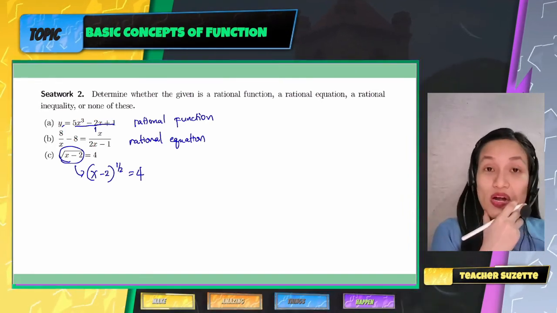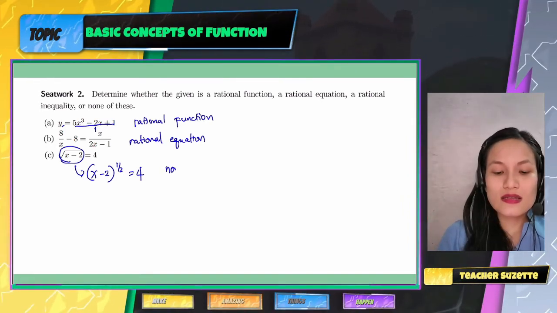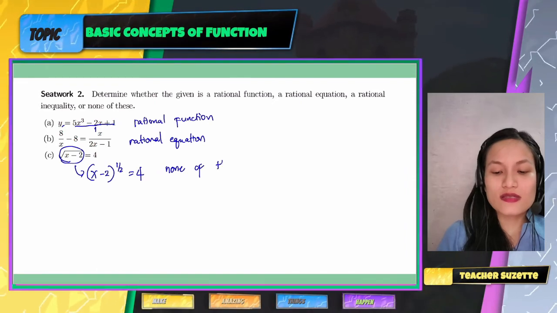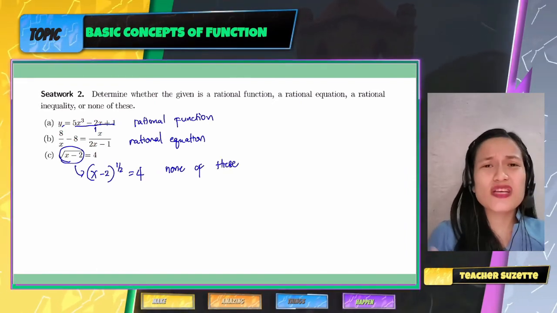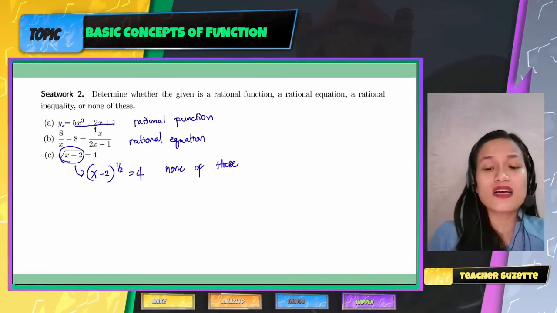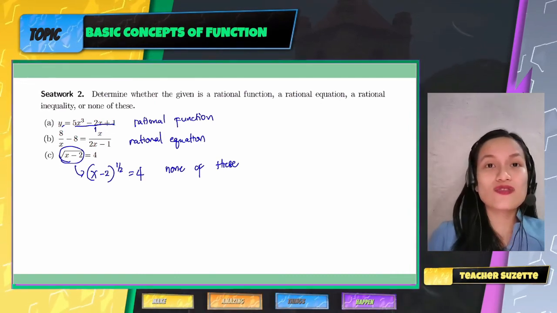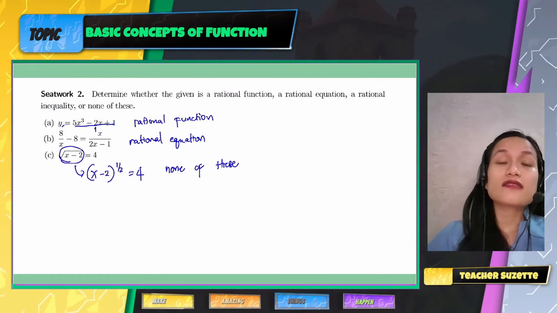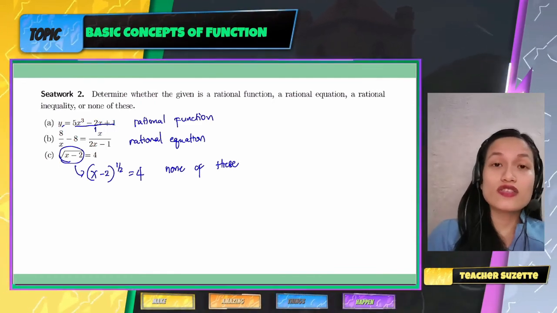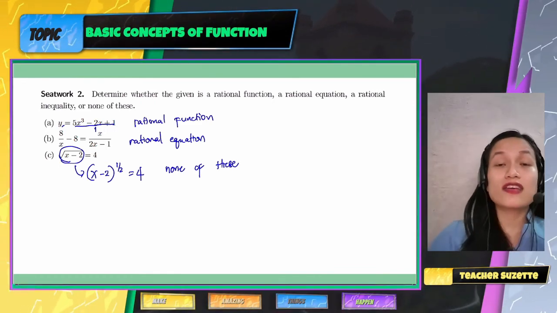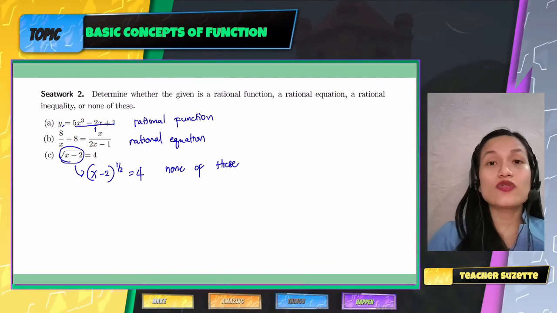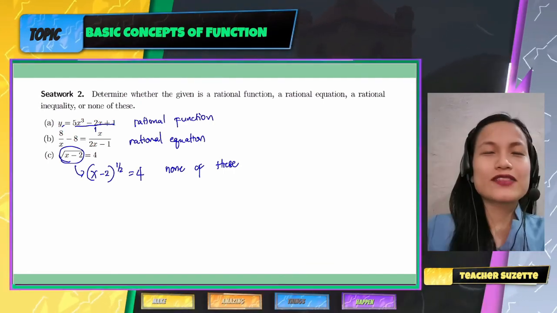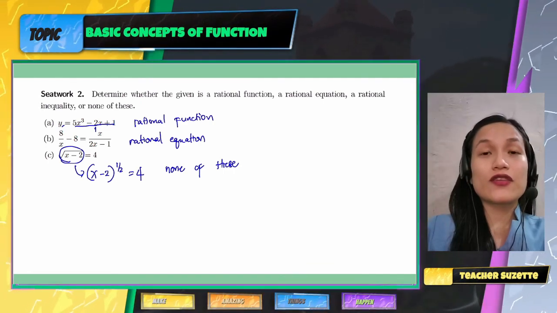So, therefore, this is none of these. It is an equation, but not specifically a rational equation. So, that's how you identify or distinguish a rational equation, rational function, and rational inequality from the other terms. That's all for this video. Thank you for watching.